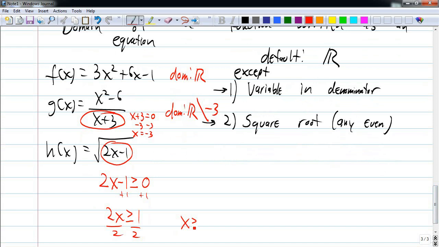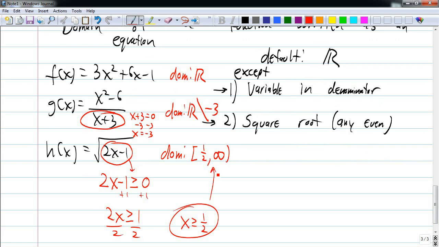X is greater than or equal to 1/2. Okay? This is my domain, because I can't have any x's that would result in a negative number. Whatever's here has to be greater than or equal to 0. So the domain has to be 1/2 to infinity. I just turned this into an interval.